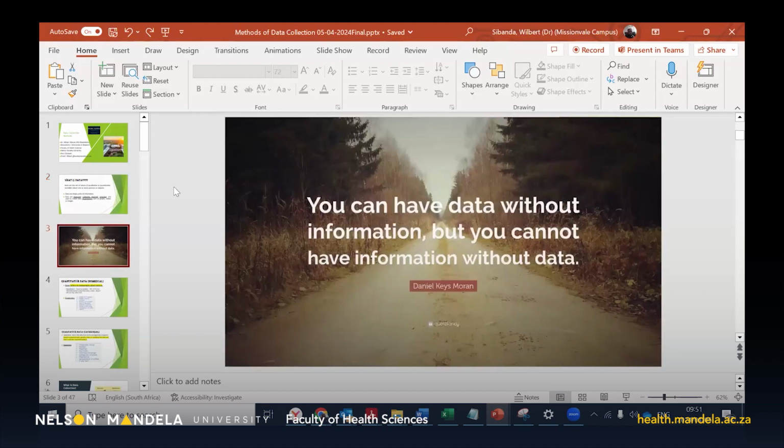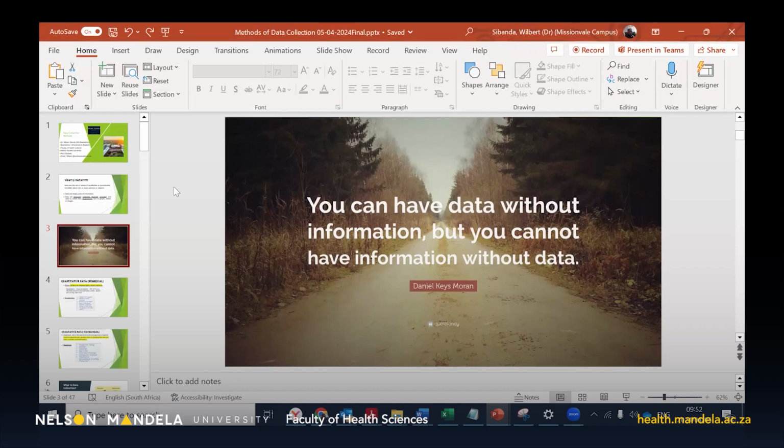Now, there's a saying here: you can have data without information, but you cannot have information without data. Very interesting. I think we all understand what that means. Data is low level knowledge.